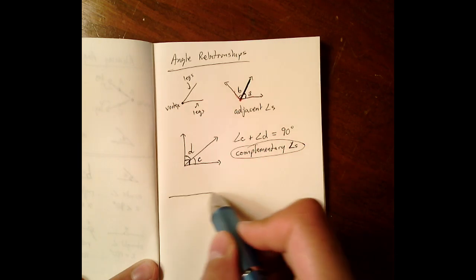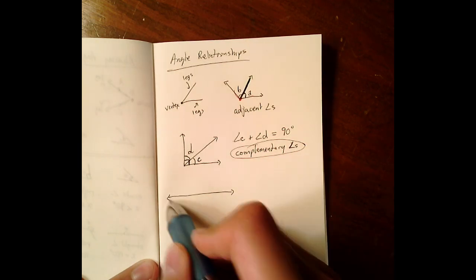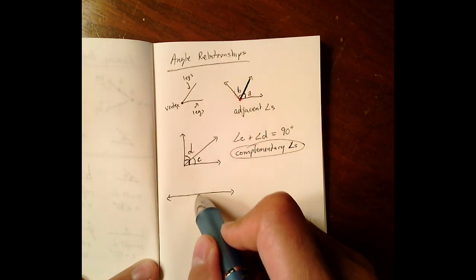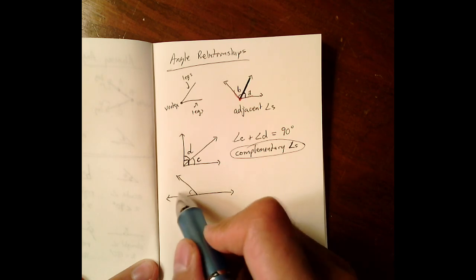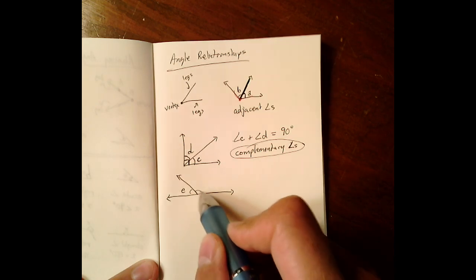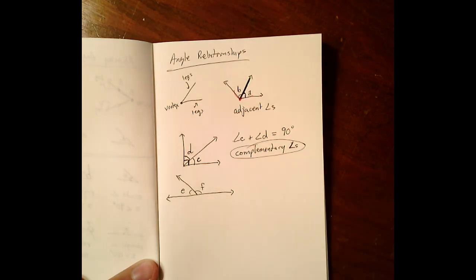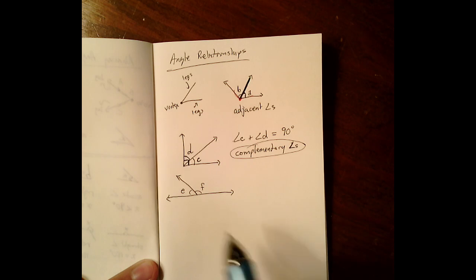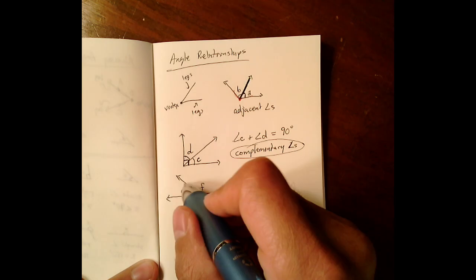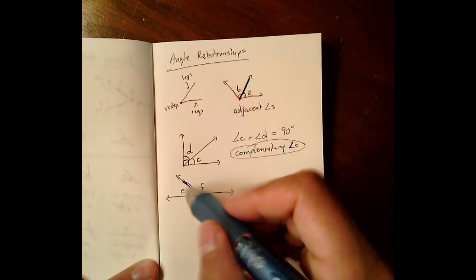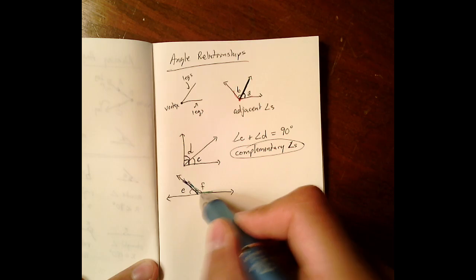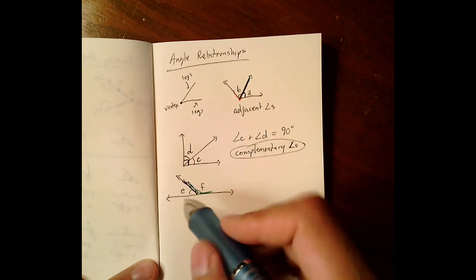Similarly, if we have an angle that looks like this, and I'm going to draw it going the other way for a change, let's say we have this, we'll call this E, and we'll call this F. Notice if I look at these two angles, again, these are adjacent angles. They're sharing this leg. But I have angle F, which is here, and I have angle E, which is here.